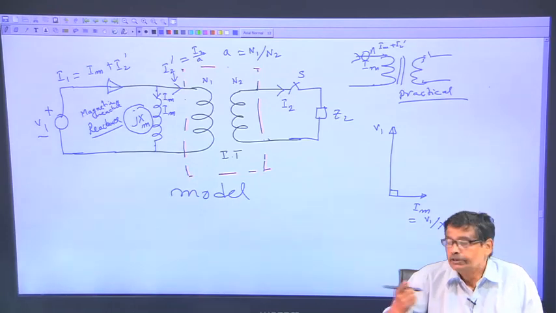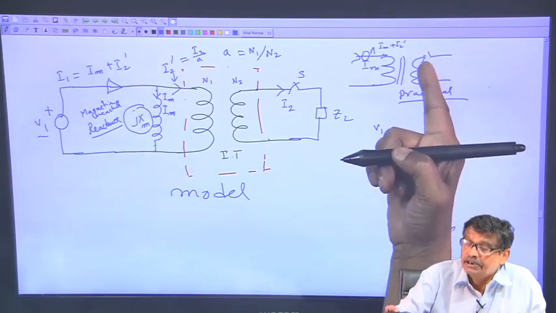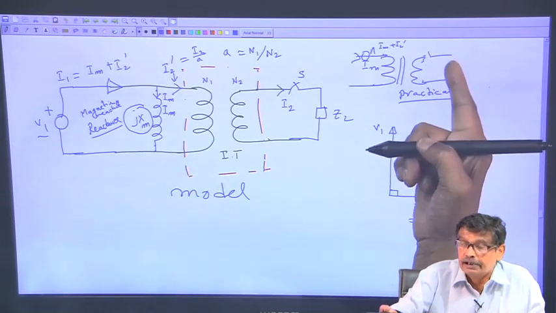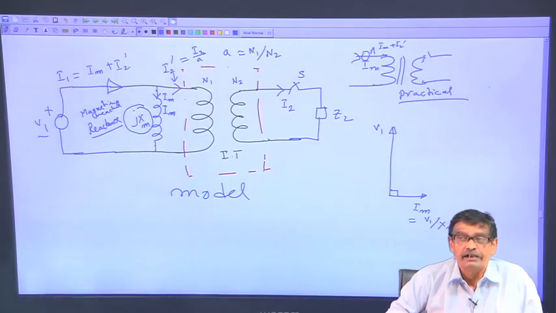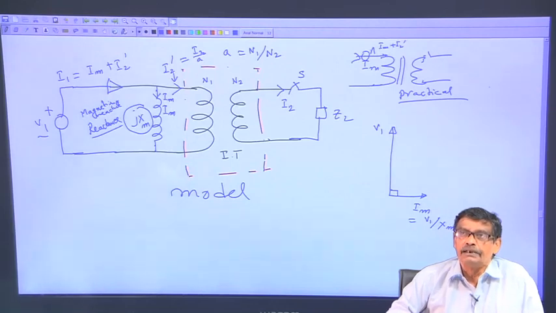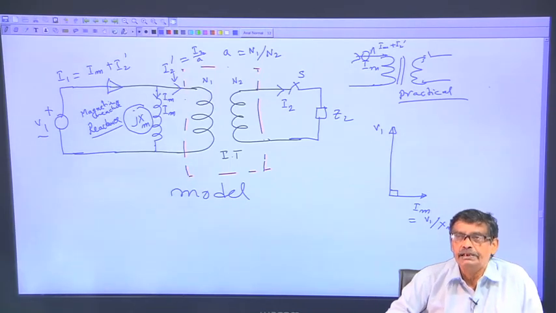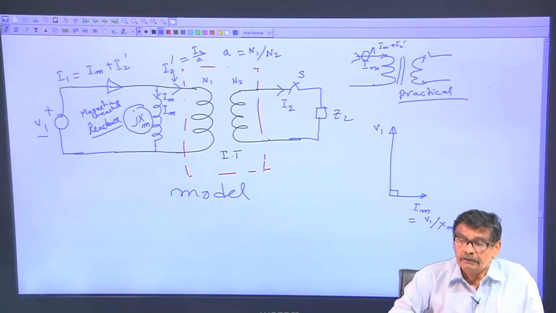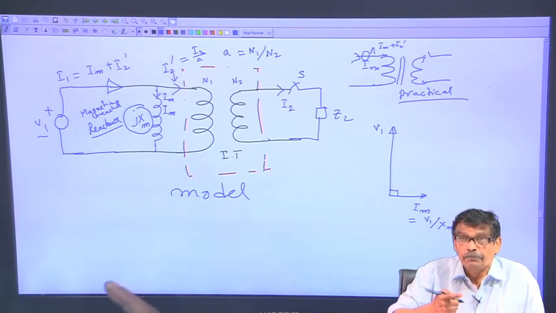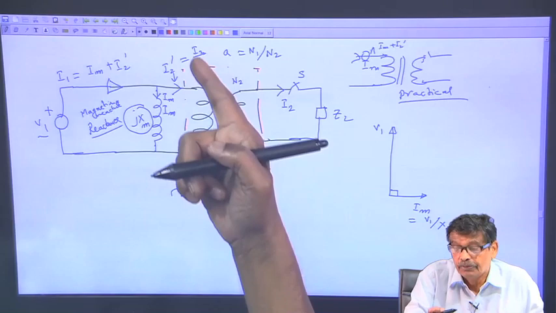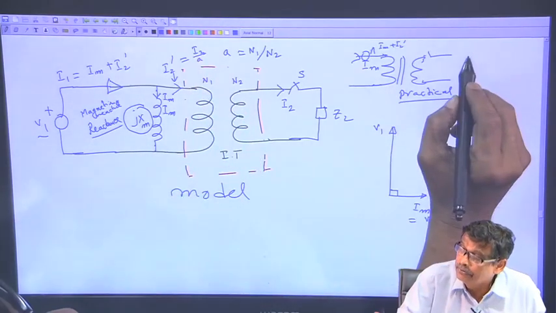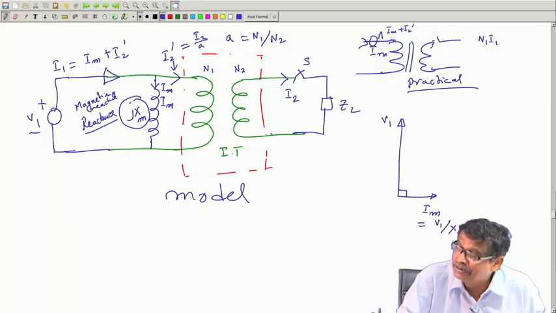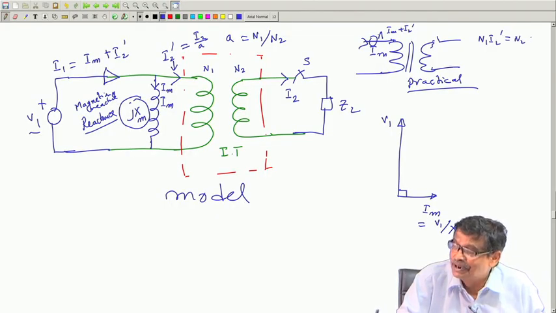But if you are trying to disturb the secondary, I mean if you are trying to pass some current through the secondary, the primary cannot be a mere spectator to this happening. It will react immediately by drawing an extra current I 2 dashed, and that I 2 dashed cannot be of any magnitude, it has to be I 2 by A. So that N 1 I 2 dashed becomes equal to N 2 I 2.